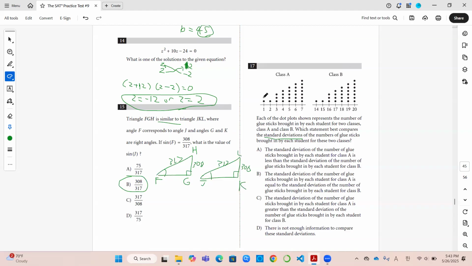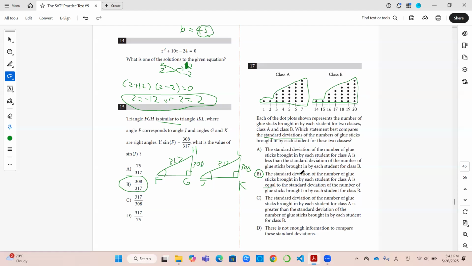As you can see here, the data is spread out the same for a different number of values. Since the data is spread out the same for class A and class B, answer choice B, as in boy, is correct because it is equal.